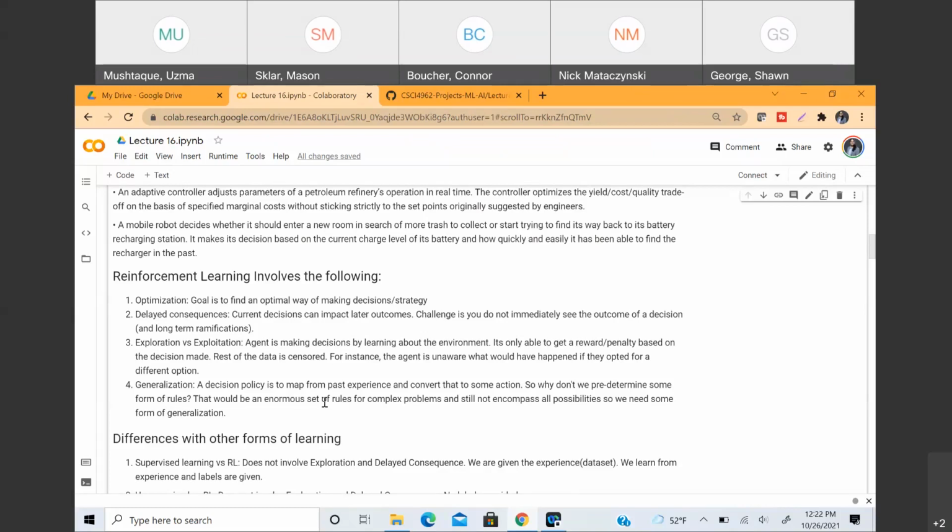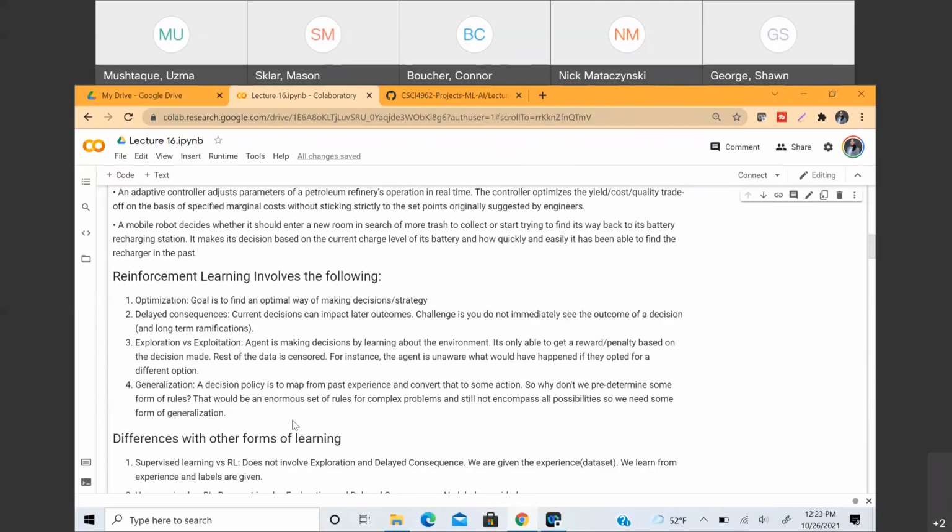So a decision policy is to map from past experience and convert that to some action, right? I have to take into account my past experiences and then convert them to action. I can lay down some rules, and that goes back to the initial discussion. If I have this set of rules already created for my agent and I'm not letting it learn from the actions, then the issue is that this might become an enormous problem for real world problems, right?